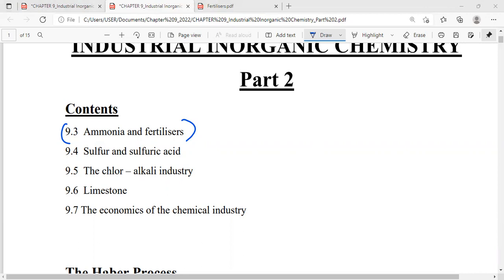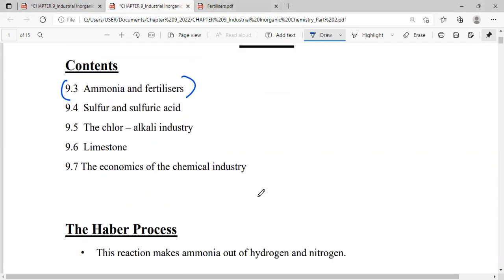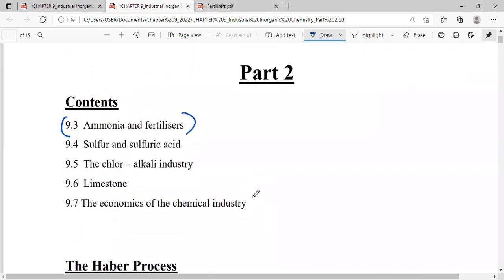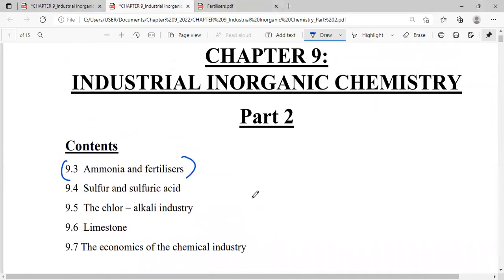All right, now we will move on to ammonia and fertilizers. Okay, now what's the formula for ammonia? Ammonium is NH4.